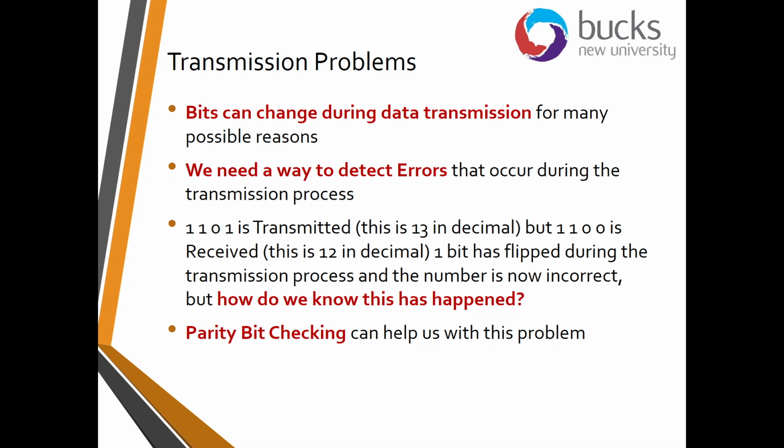If we're at the receiving end, we don't actually know what was necessarily transmitted. It could have been that 12 was transmitted, and that's perfectly correct, but actually 13 was transmitted. So how do we know that data being sent is as it was sent, that it hasn't been changed somehow during the data transmission process? Parity bit checking is something that we use to help us with this problem.